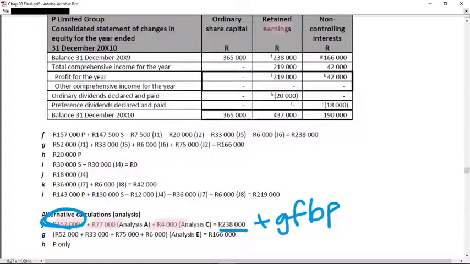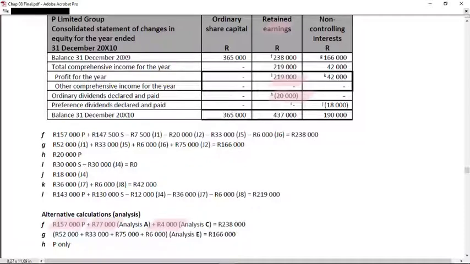You're adding it to the retained earnings of the group. Still looking at retained earnings, while it's in front of me, the dividends declared will only be that of the parent because we eliminated that full 30,000 Rand dividend declared by the subsidiary. The subsidiary didn't have any ordinary dividends, but even if they did, we know it will not end up in this column.